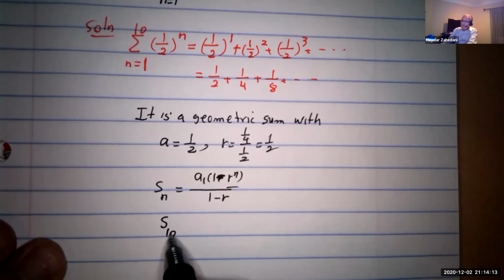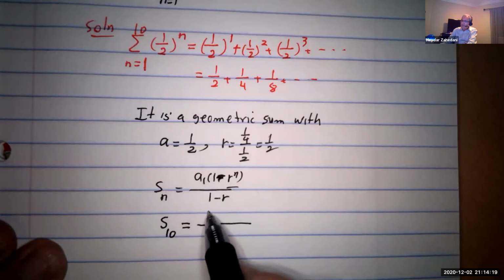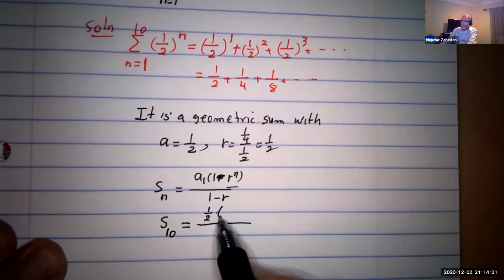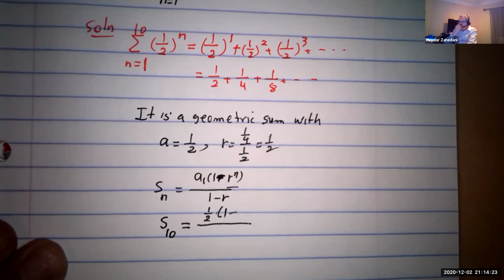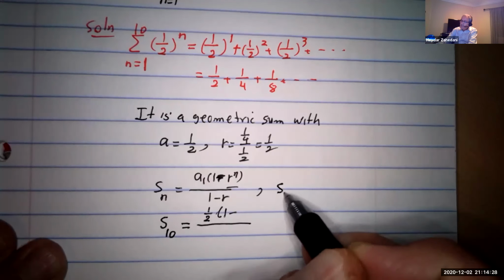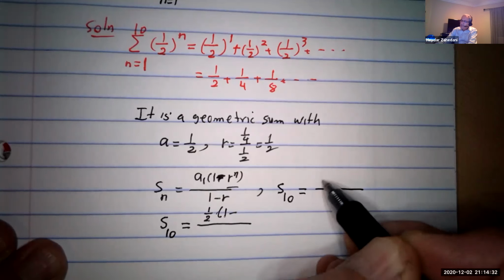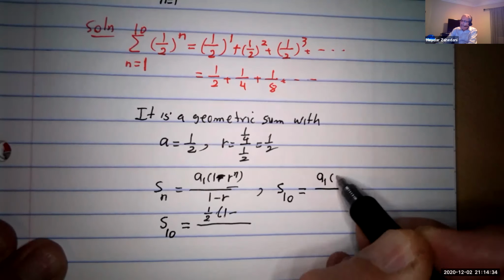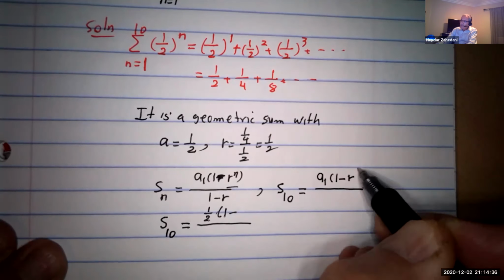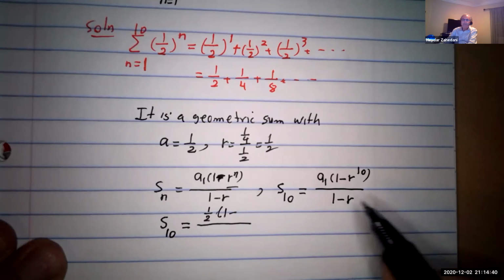S10 is equal to A1, the first term, times 1 minus r to the 10, divided by 1 minus r.